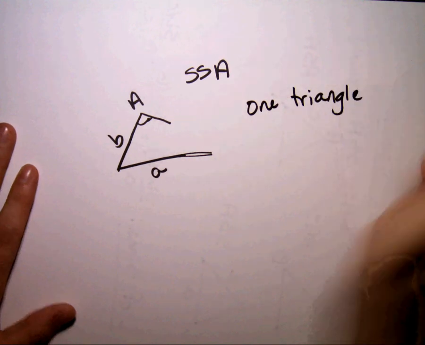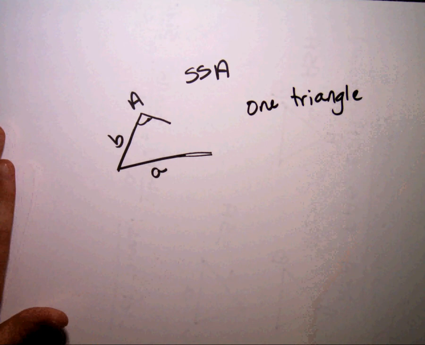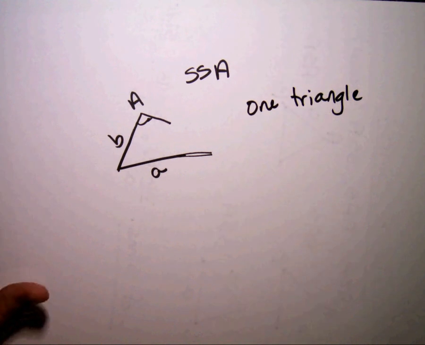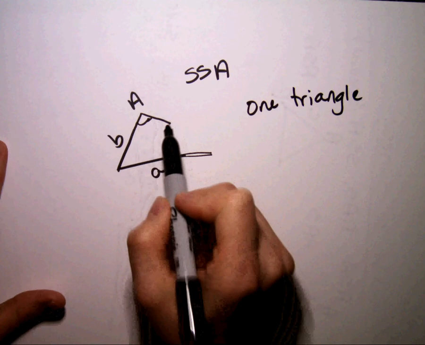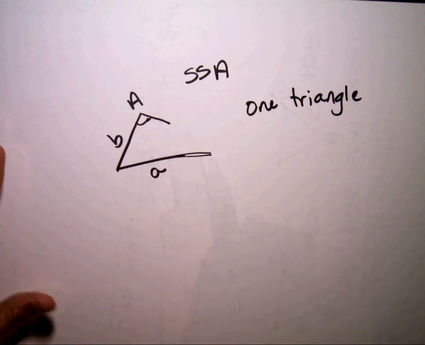It could also be the case where this third side right here just falls short and doesn't actually connect to the other side. In that case, we would be done, and we would have no triangles.